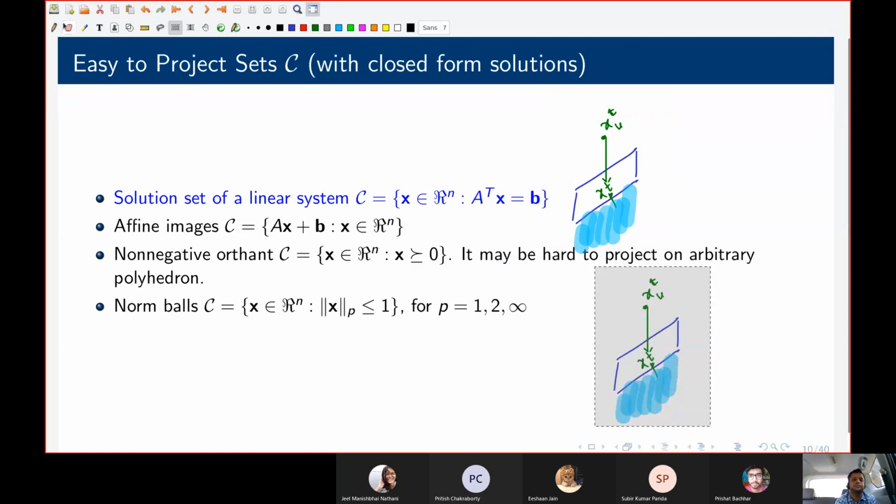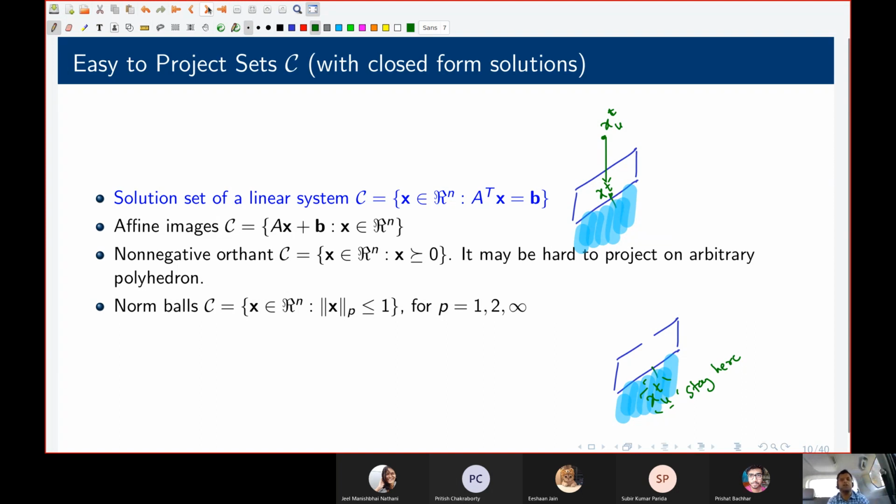So in this second case, you could be here, xu, and you have nothing to do. You just stay here because you're well in the region. Okay, so you can do the same thing for norm balls. Most of the projection hard work is when you're transgressing the boundary.